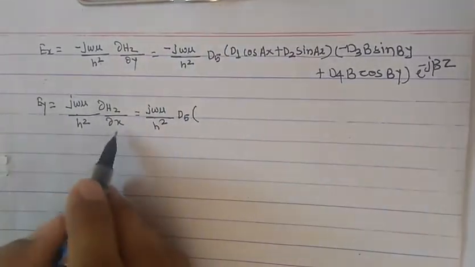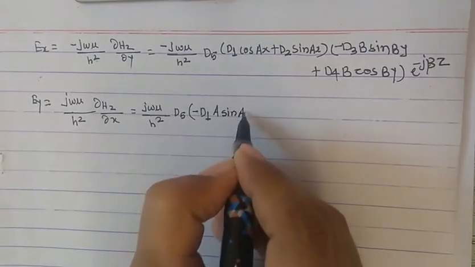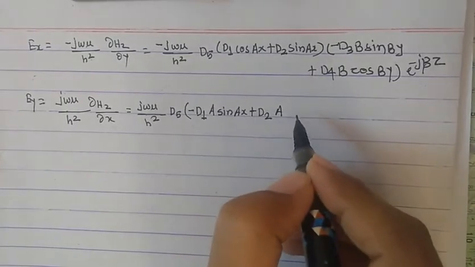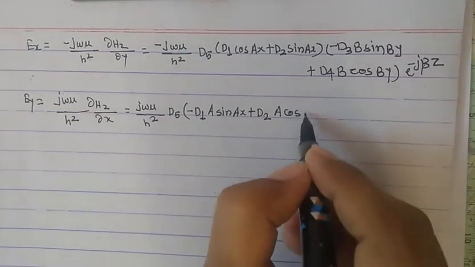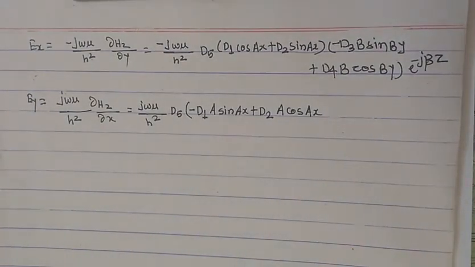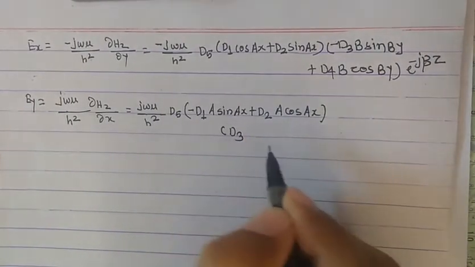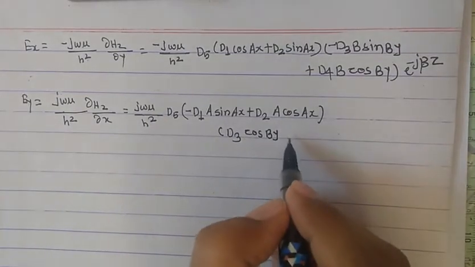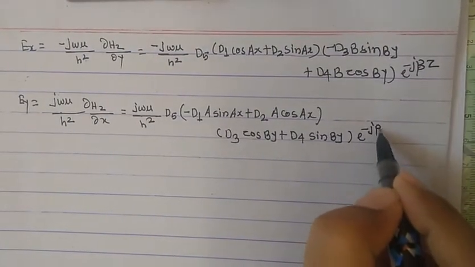This time the differentiation will be with respect to x: minus d1 a sin ax plus d2 a cos ax, into (d3 cos by plus d4 sin by) into e to the power minus j beta z.